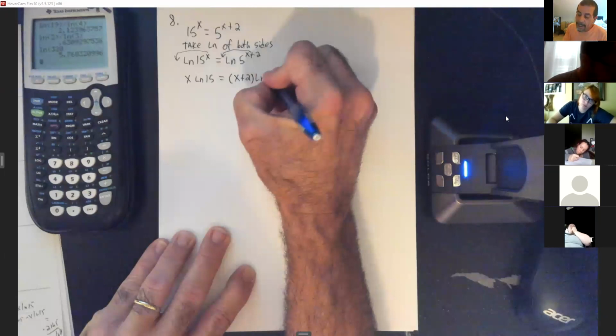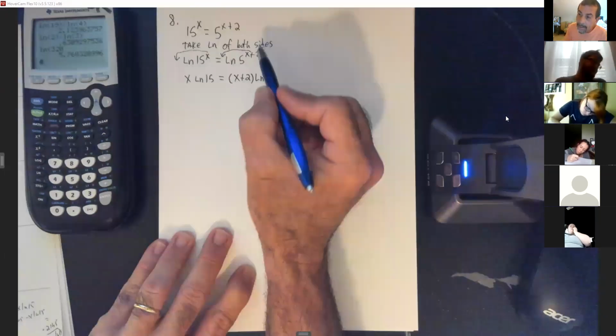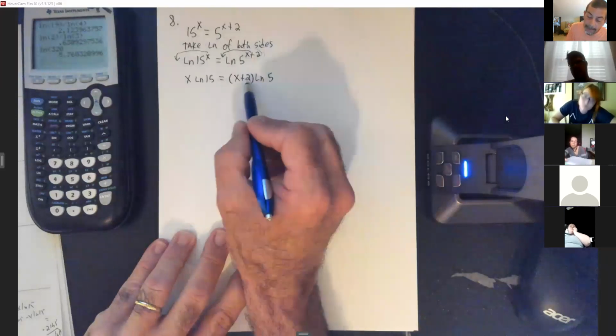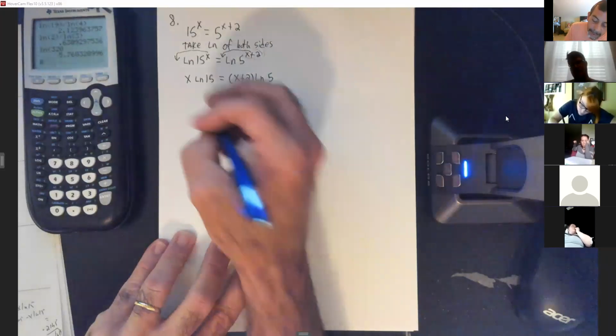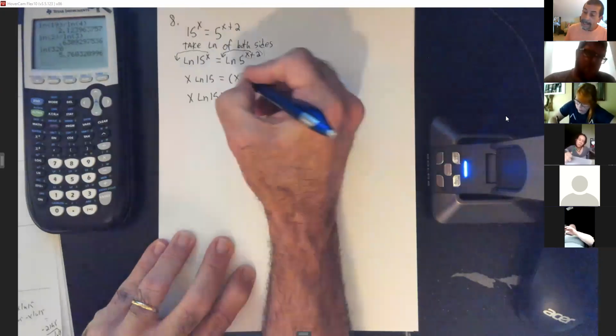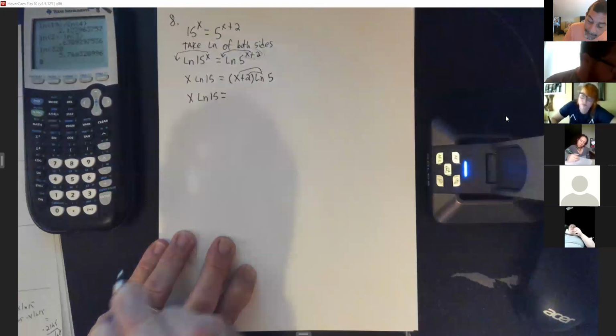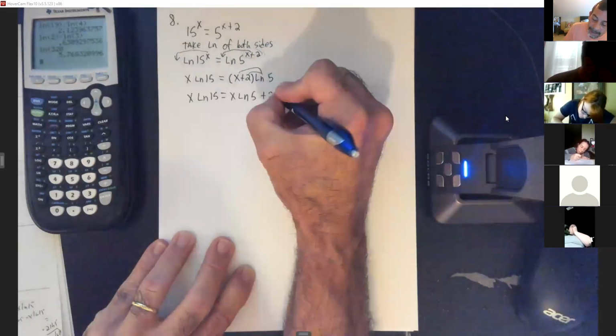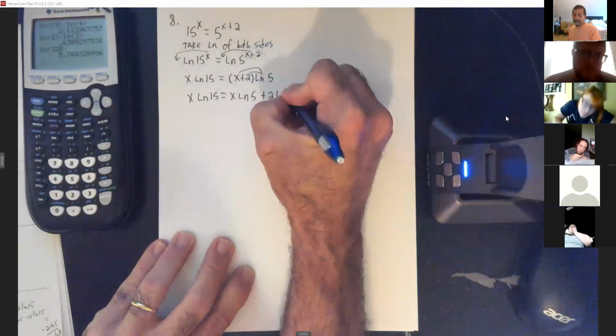Since you got 2 parts up here for the exponent, both of them will have to be distributed with the ln of 5. I'm going to distribute both of these so that I get x ln 5 plus 2 ln 5.